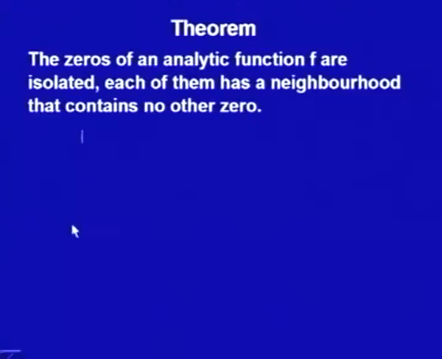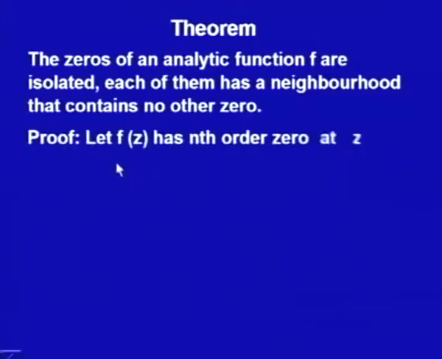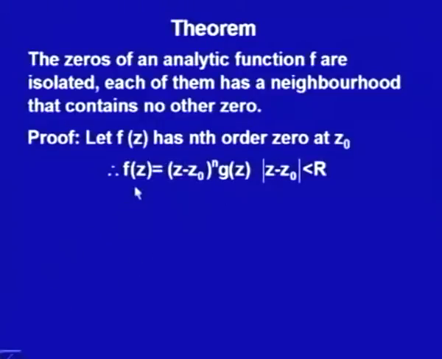Let us prove it. Just now what we have done: suppose f(z) has an nth order zero at z₀. That says I can write f(z) as (z − z₀)ⁿ g(z) in the region |z − z₀| < r.